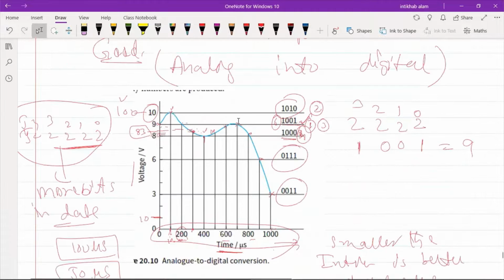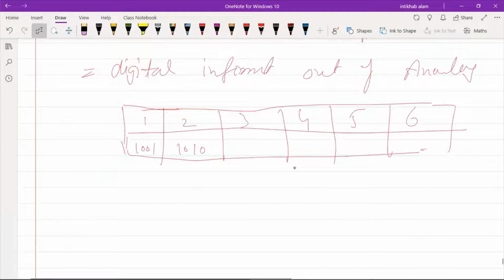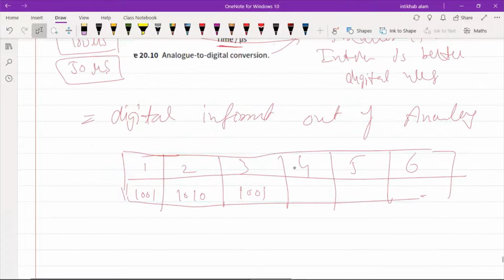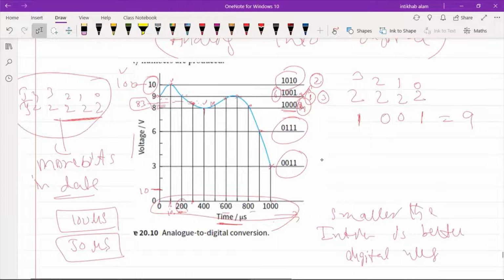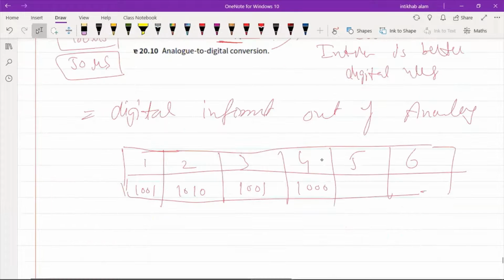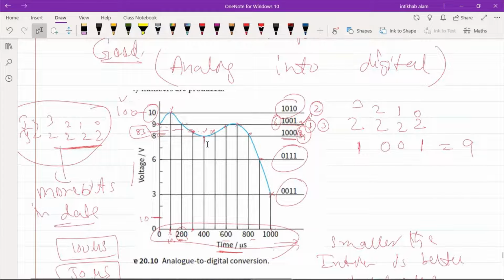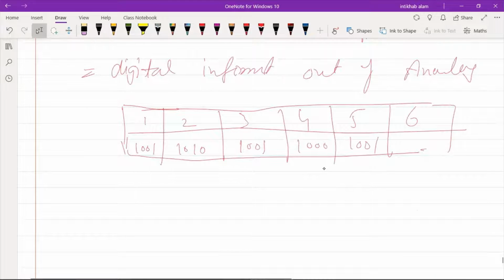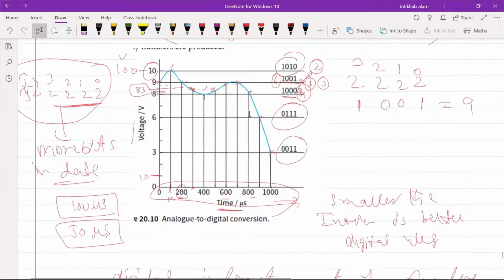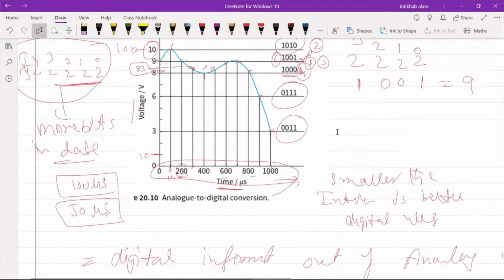And the third sample which we have got, again, was 1001. The fourth sample which we have got after that is 1000. Then the fifth sample which we have got is again 1000. And then the sixth which we have got is again 1000.